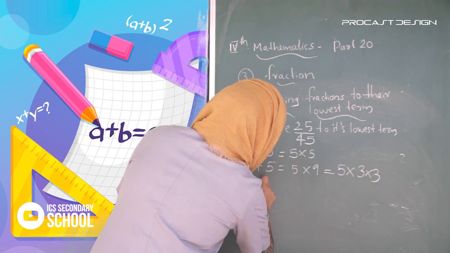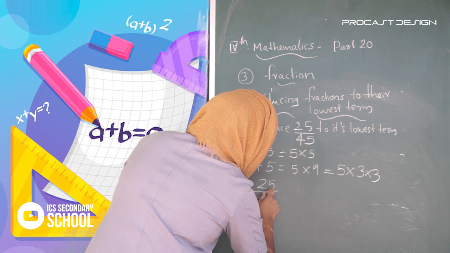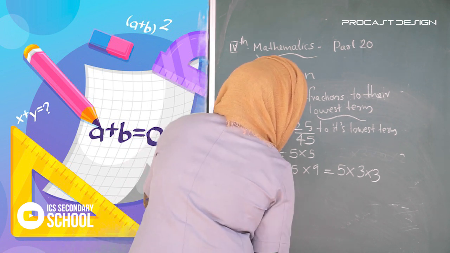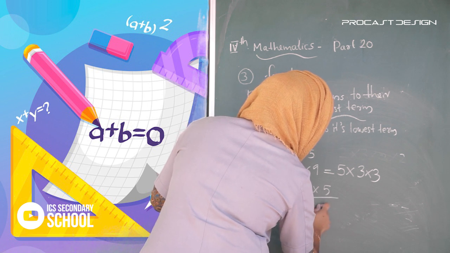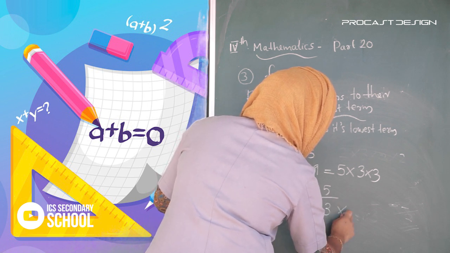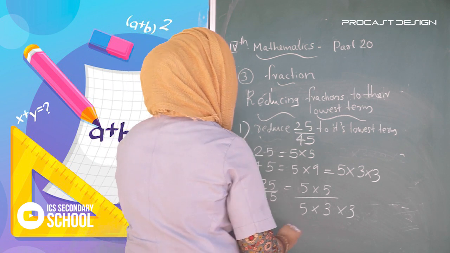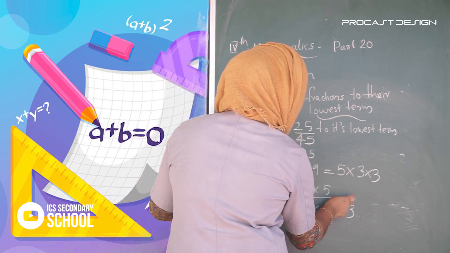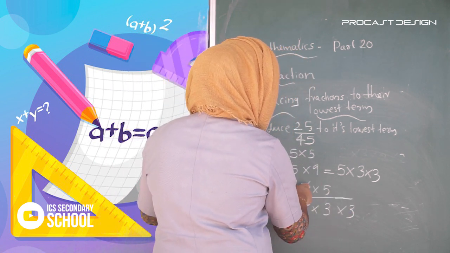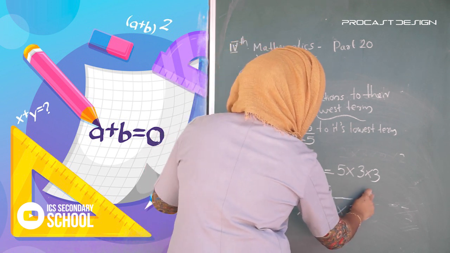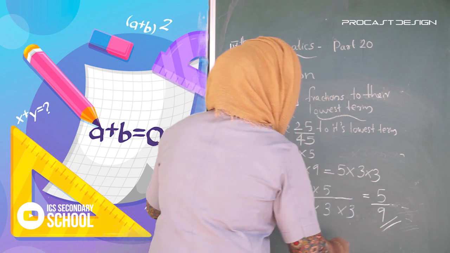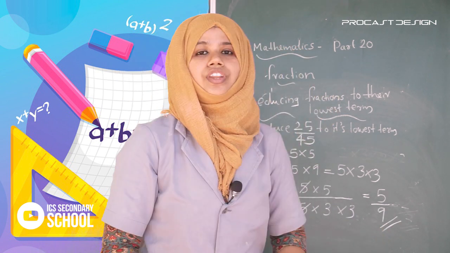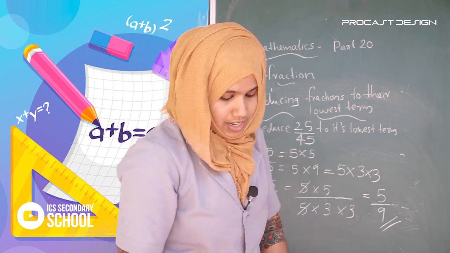Now 25 by 45 is 5 into 5 by 5 into 3 into 3. So cancel the 5. We get 5 by 3 into 3, which is 9. So 5 by 9 is the lowest term of 25 by 45. Is it clear? Next question.